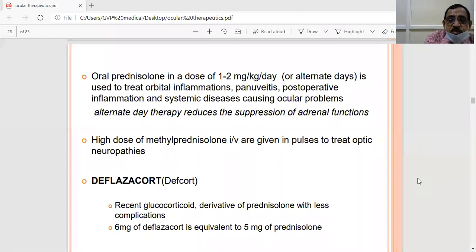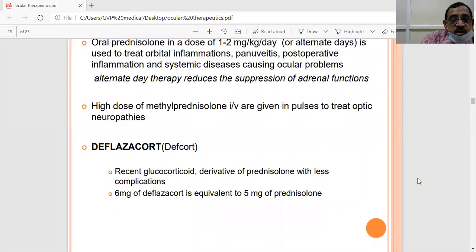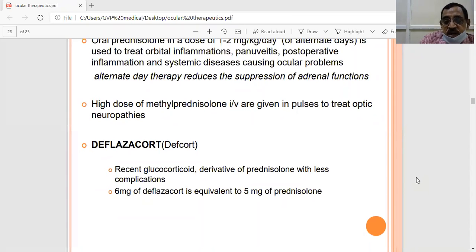High dose intravenous methylprednisolone is given in pulses to treat optic neuritis or retrobulbar neuritis. Deflazacort is a recent glucocorticoid, a derivative of prednisolone with fewer complications. Sometimes it is used even in diabetics. And 6 milligrams of deflazacort is equivalent to 5 milligrams of prednisolone.